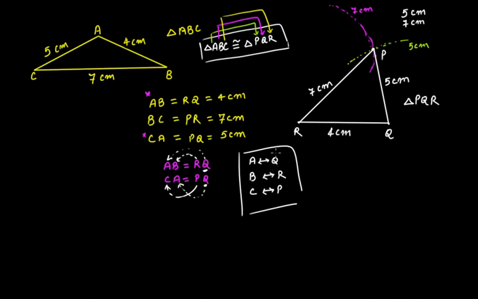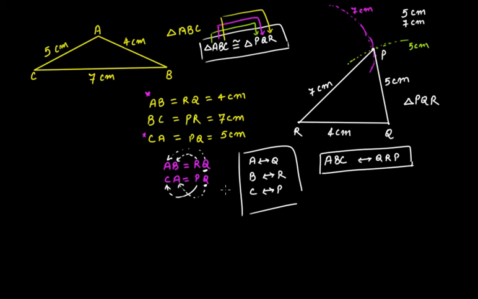So the correspondence is ABC to QRP. This is the correspondence under which these two triangles are congruent. So this is a really very important point.